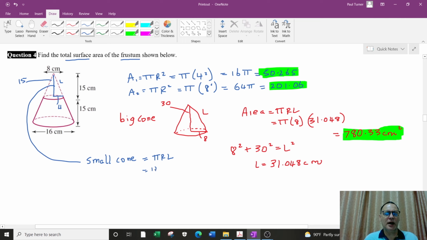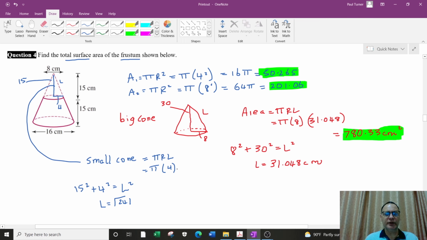So it would be pi R, which is 4, but then again, we need this length again. So do our Pythagoras again. So we'll have 15 squared plus 4 squared equals L squared. L here would be root 241.